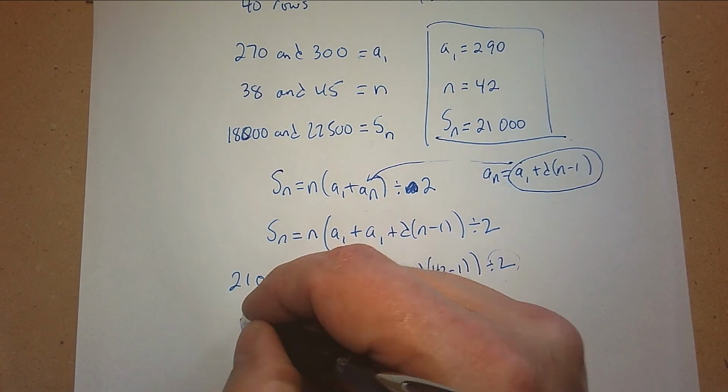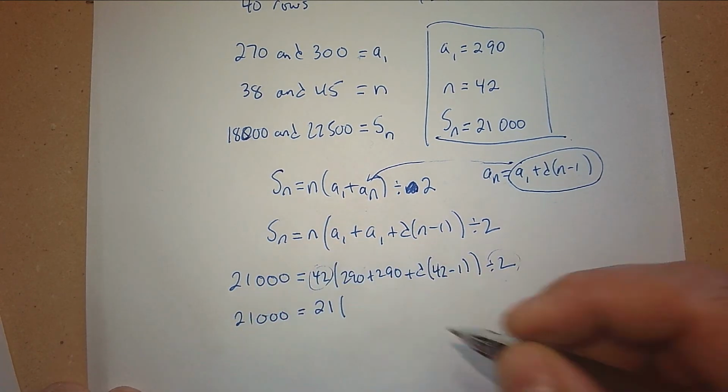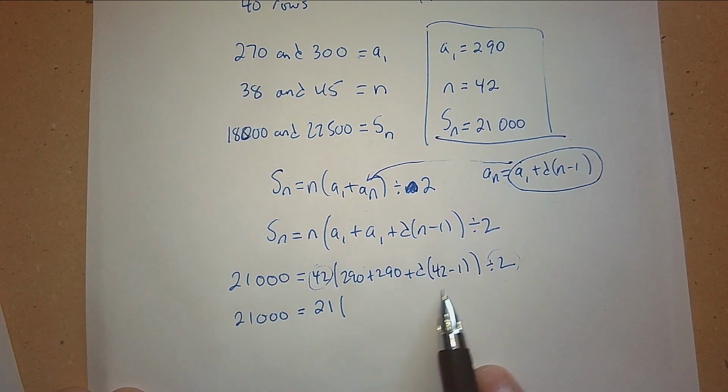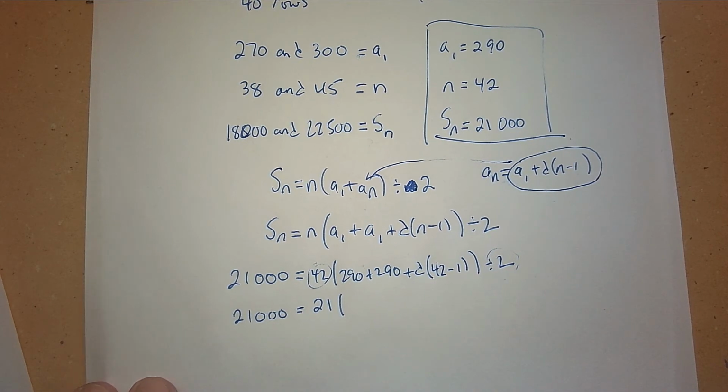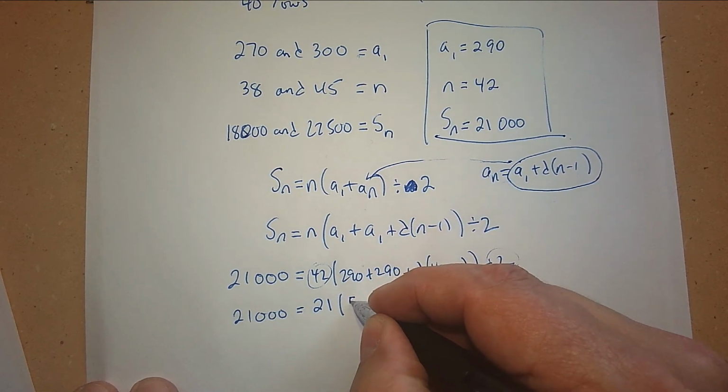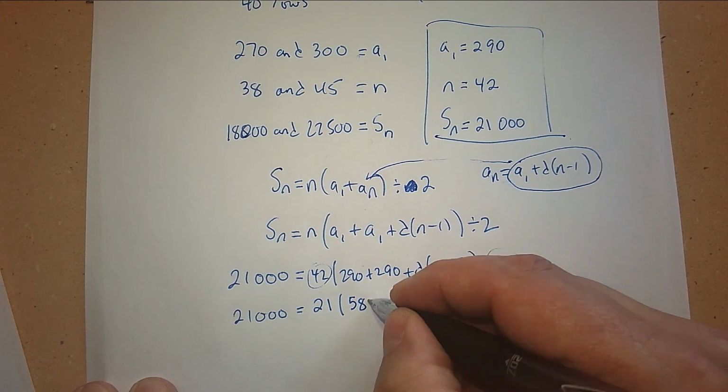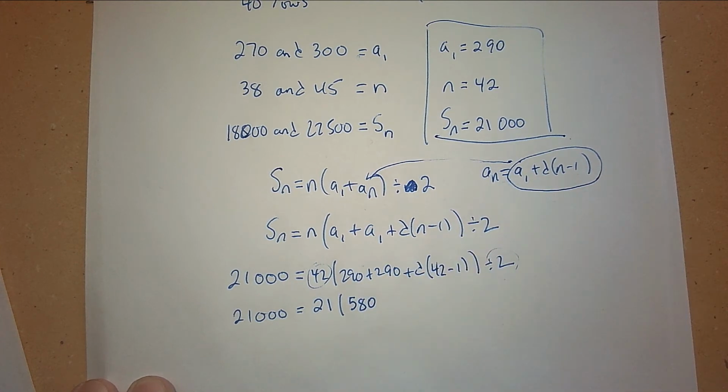All right. I still have 21,000 here. Let's combine like terms inside. So, what's 290 plus 290? You have two different numbers. Can you add them together? When I go 290 plus 290, it's 580.